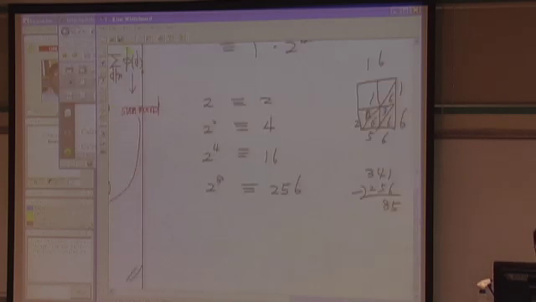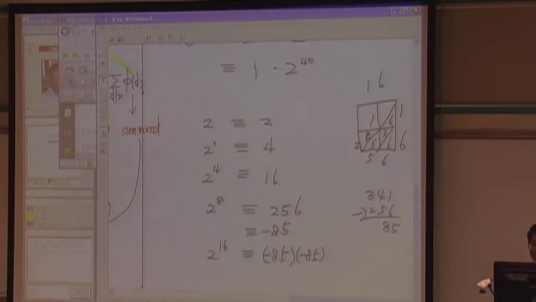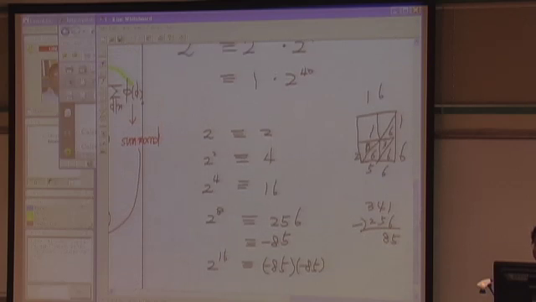So it can be written by a smaller number, 85. 2 to the power of 16 is congruent to minus 85 multiplied by minus 85, or plus 85 multiplied by 85. So I will do a similar calculation one more time. I'm not using any calculator here. I'm doing this all by hand calculation.